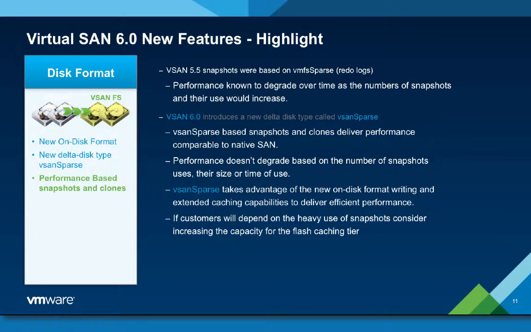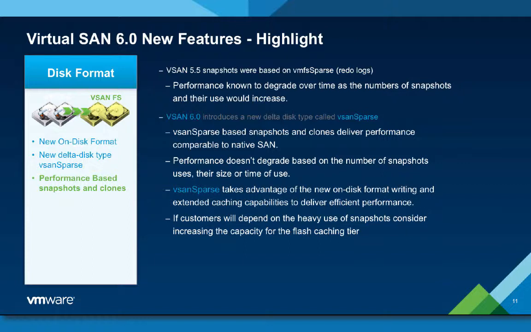Another cool new feature inside of virtual SAN, as far as highlights, is the use of the VSAN sparse disk. To highlight this idea, effectively what it means is we can take the cloning procedure away from the virtualization stack and bring it down to the storage level.